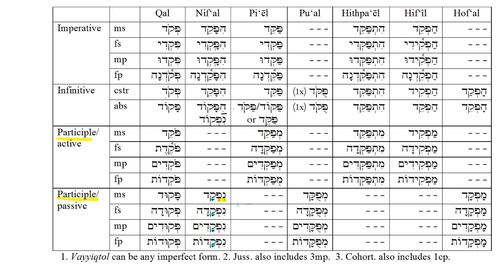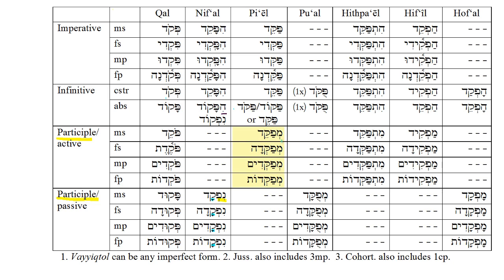The rest of the participles are friendly because they all include a mem prefix. And so the Piel, the Pual, the Hithpael, the Hiphil, and the Hophal all have a mem prefix. And in all of these cases, the mem prefix pretty much replaces the imperfect prefix.